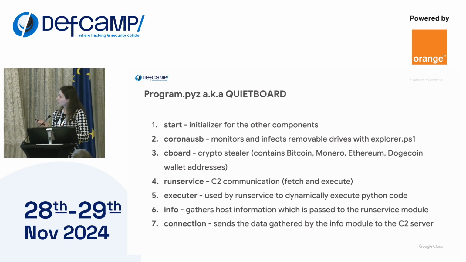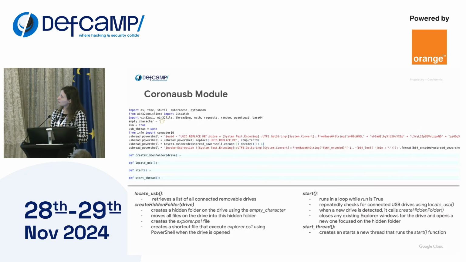And we'll look a bit more into the code for the Corona USB module. Just to notice there is the variable empty character holding the Hangul filler character. And the variable USB read PowerShell, where the threat actor is actually constructing the explorer.ps1 PowerShell script.